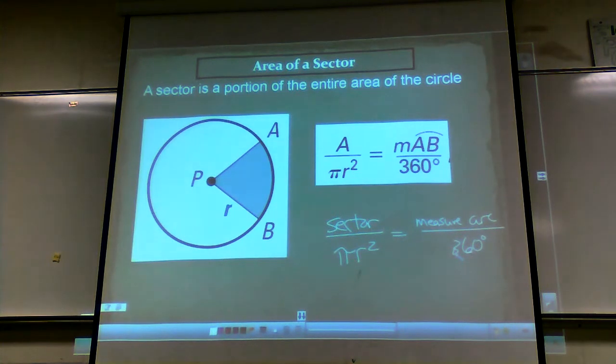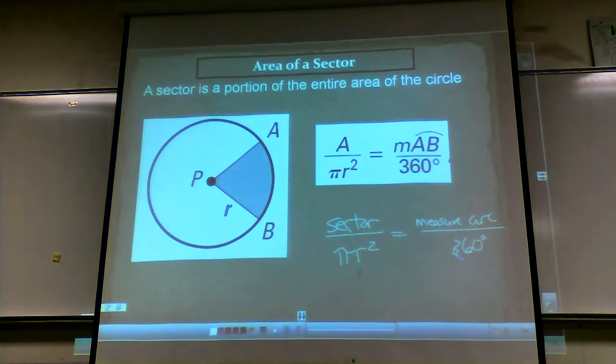Now, what you need to be getting in the habit of doing, just to make it easier on yourself and using smaller numbers, is start looking for angle measures that will quickly reduce the fraction. The first problem I do won't be that way, okay? But there's a couple afterwards, because I'm going to go through a few of these. There are certain degree measures, guys, that you should automatically convert to a small fraction.